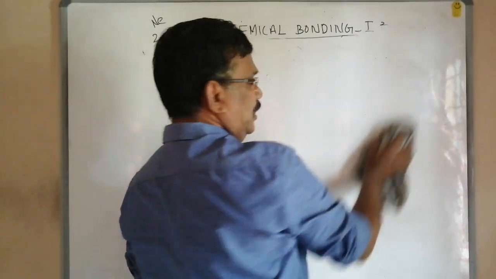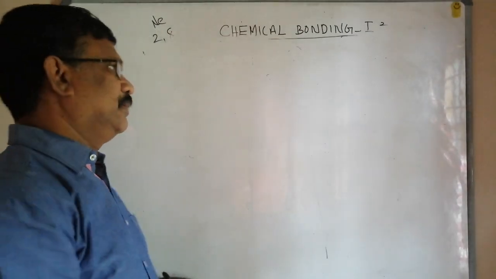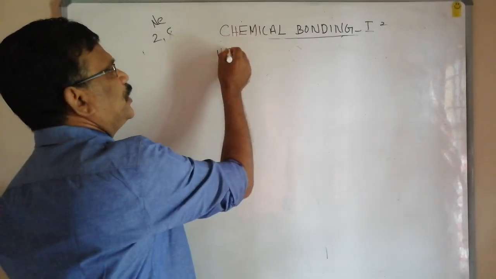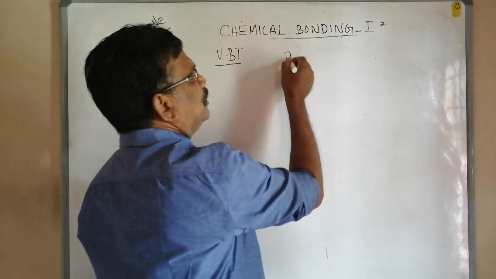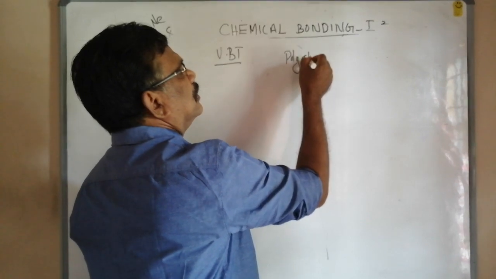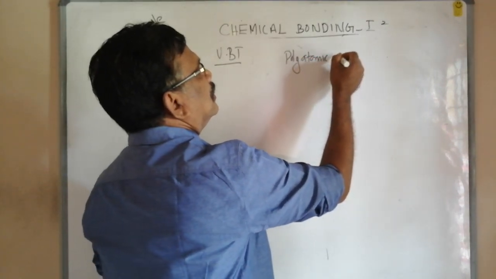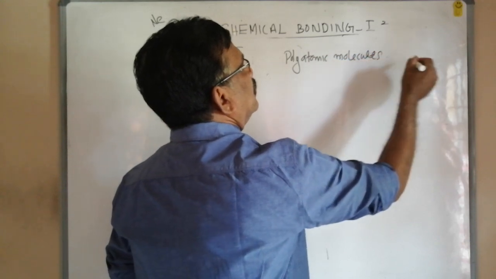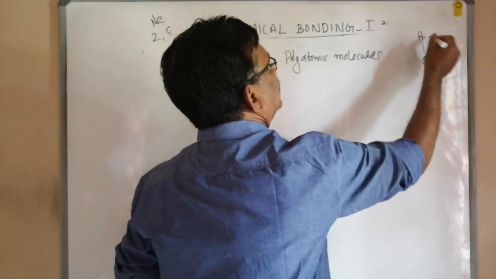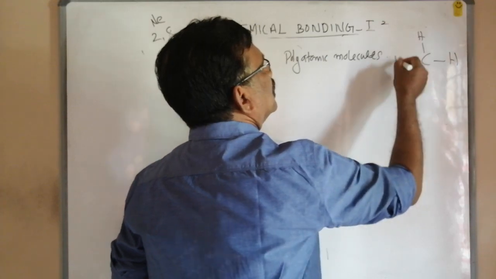So again, VBT in polyatomic molecules. We can take a simple example of a polyatomic molecule, methane, CH4.